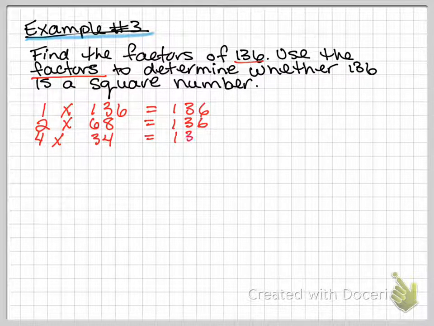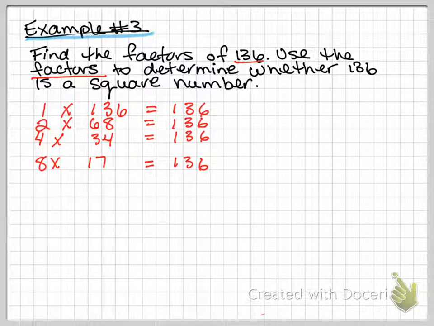That gives me 136. 5 times something won't produce 136. 6 times something won't produce 136. But 8 times 17 equals 136. And so then these would be my factors.